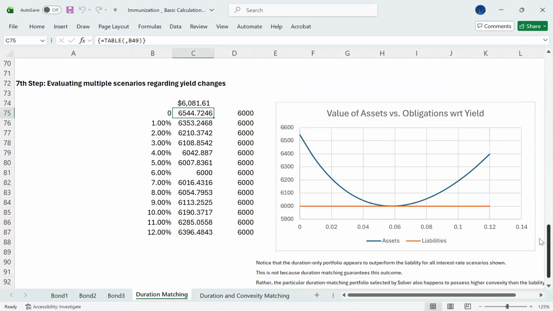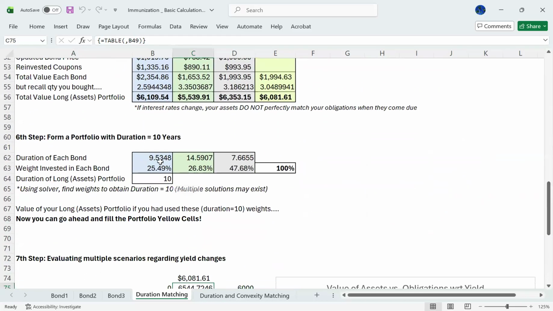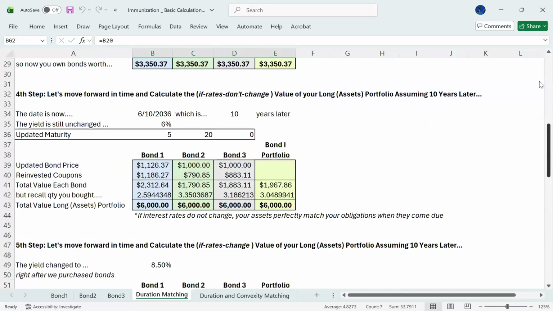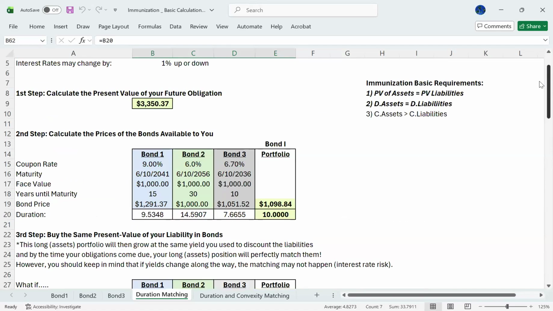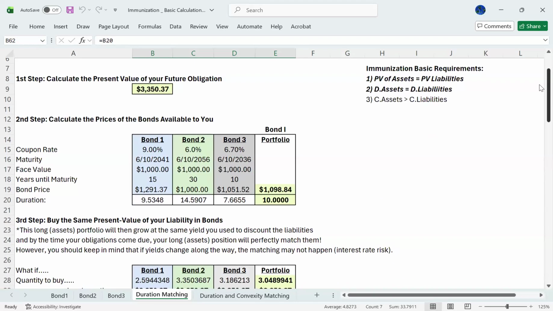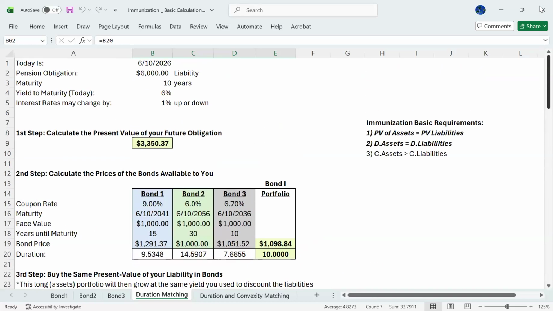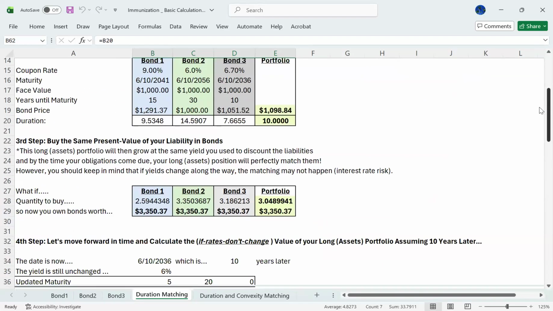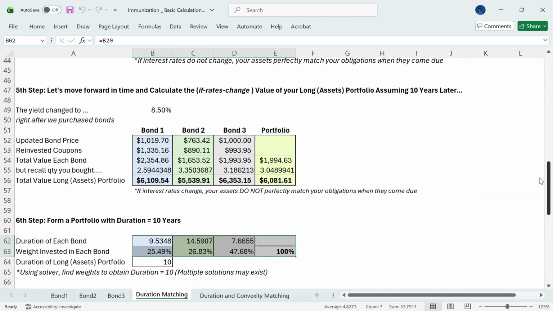Now, one thing that is implied here is that the solution I got from Solver is also a solution where the convexity is higher for the assets compared to the liabilities. Okay, and that is expected because the assets are paying coupons and the liability is just a single lump sum obligation 10 years from now.